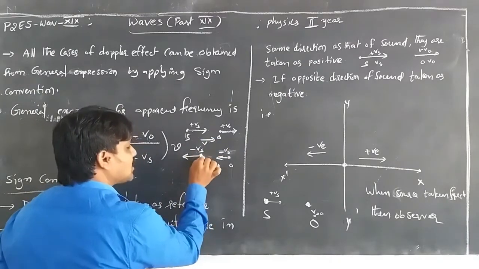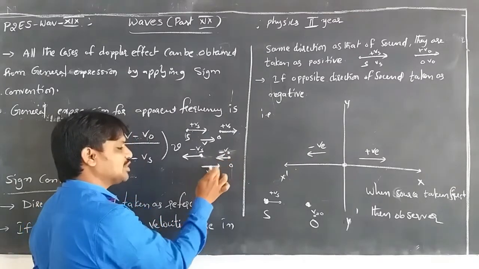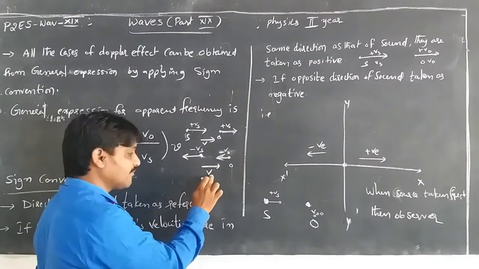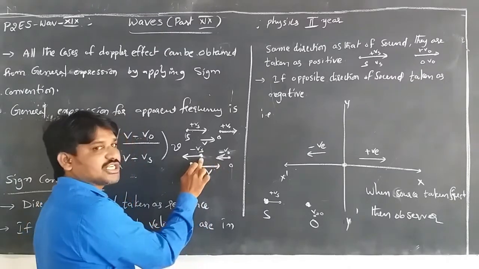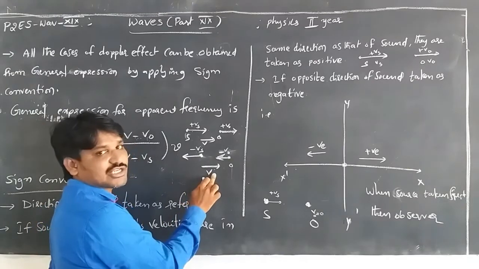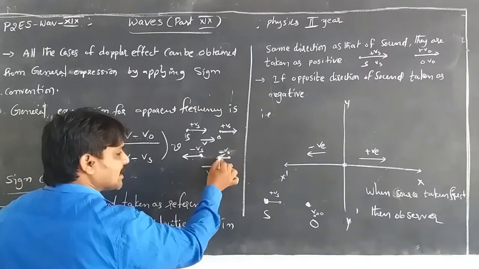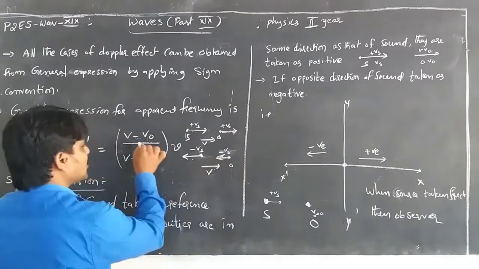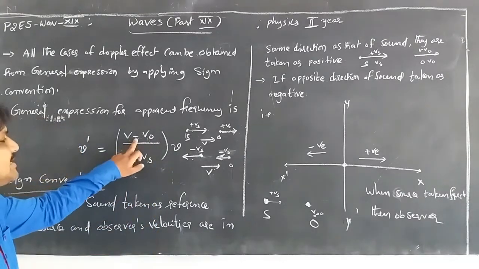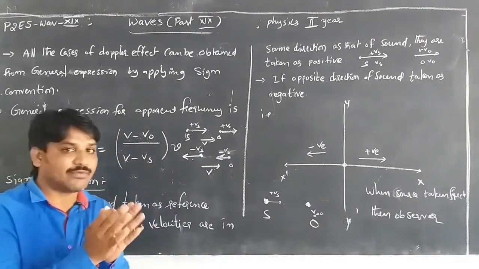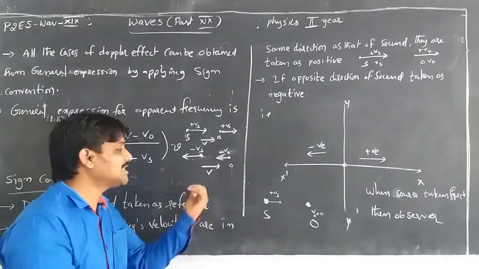When the sound is received by the observer, the observer's velocity is in the opposite direction to the velocity of sound, and the source's velocity is also opposite to the velocity of sound. That is why it is taken as minus Vs, and the observer's velocity is taken as minus V naught. So minus of minus V naught, minus of minus Vs. Then we get V plus V naught by V plus Vs, the same equation we derived when the observer is behind the source.